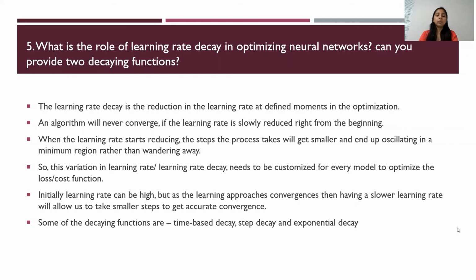So at the starting point, we need to have high learning rates so that it starts converging. But as the learning approaches the convergence, then having a low learning rate will help us to get accurate convergence. Some of the decaying functions are time-based decay, step decay, and exponential decay.